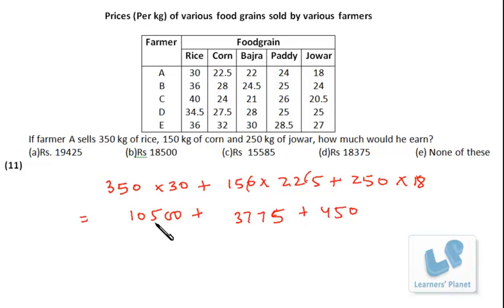So it's quite simple now. 10,500 plus 4,500, that is 15,000, and 225 into 15, 15 twos are 30 and 3, 3,375. So it is 18,375, right?